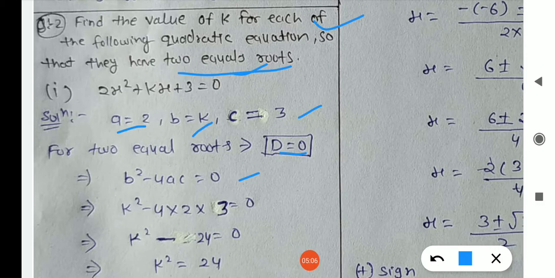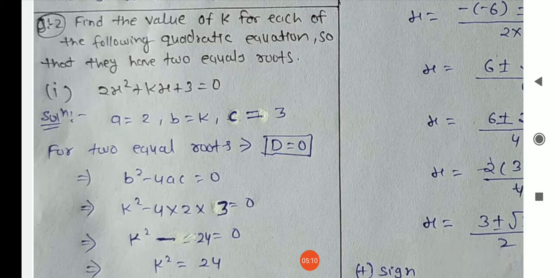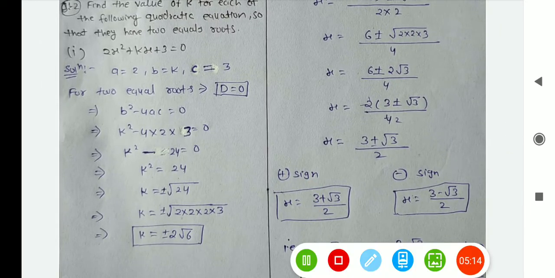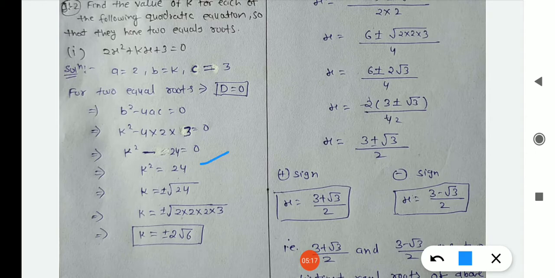Now I put k square minus 4 into 2 into 3, so we get k square minus 24 equals 0. So simply k square is 24. So k is plus minus root 24, because minus 2 square is also 4 and plus 2 square is also 4.